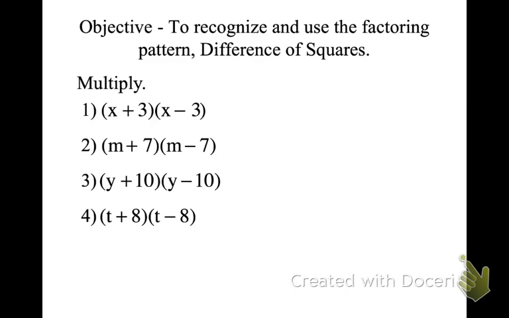Okay, so if you notice when you FOILed or double distributed, when we multiplied x plus 3 times the quantity of x minus 3, we ended up with x squared minus 9. That's because when we multiply x plus 3 times x minus 3, we get x squared, the first terms.